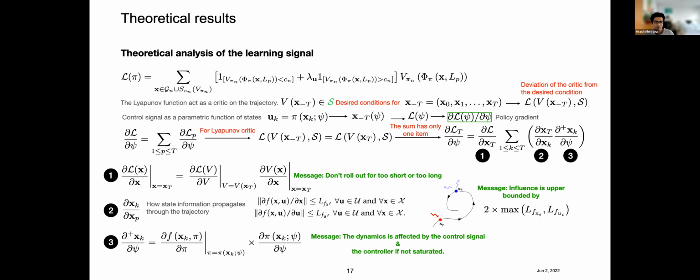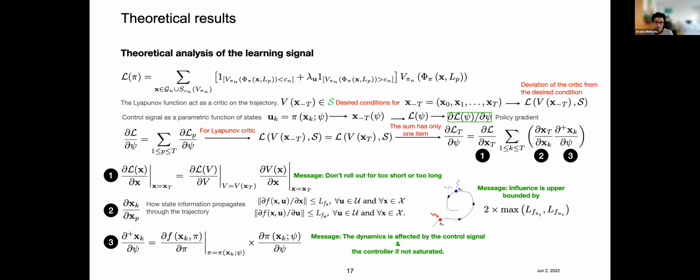And we can check how it affects that by taking the gradient with respect to the parameters of the controller, and then expanding the loss function L of pi with respect to the parameters of the controller. And then we see that there are different components to this expansion. One component is the gradient of this loss function with respect to the final state of the trajectory. As I said earlier, we use the trajectories of the system to train the controller and also the Lyapunov function, but here we're focused on learning the controller.